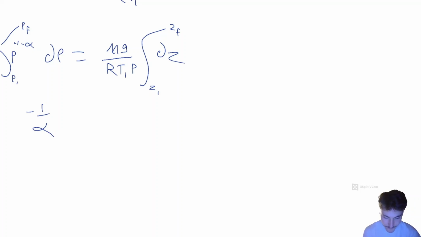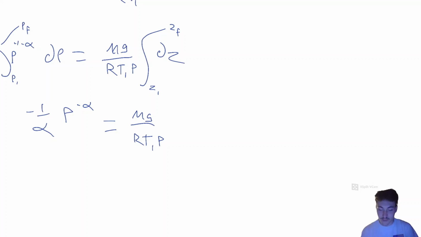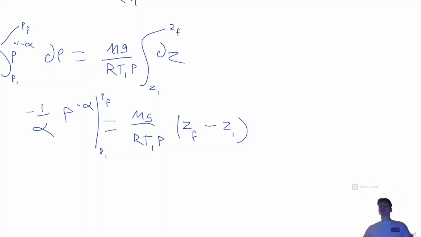It's 1 over alpha, and then we get P to the negative alpha, I believe, and then that is equal to mg over R T1 P, and since there was no Z in the original equation, it's just our Z final minus Z1, because we just integrated those back in. And this is evaluated from P final to P1.